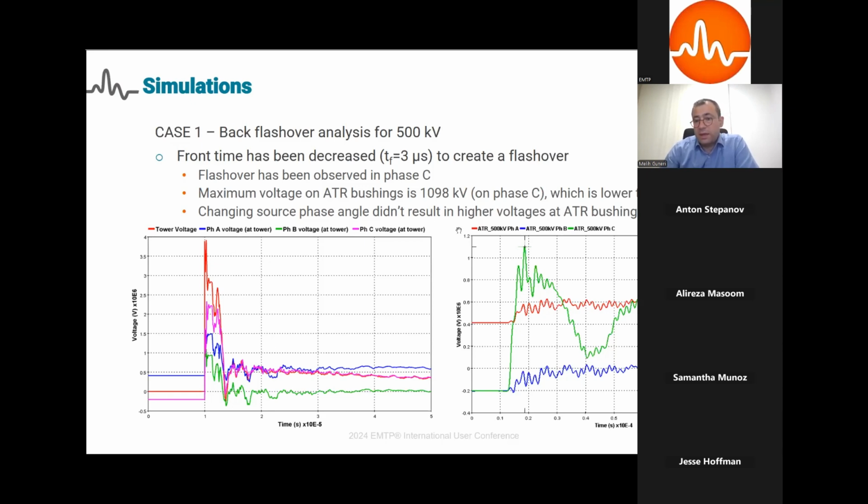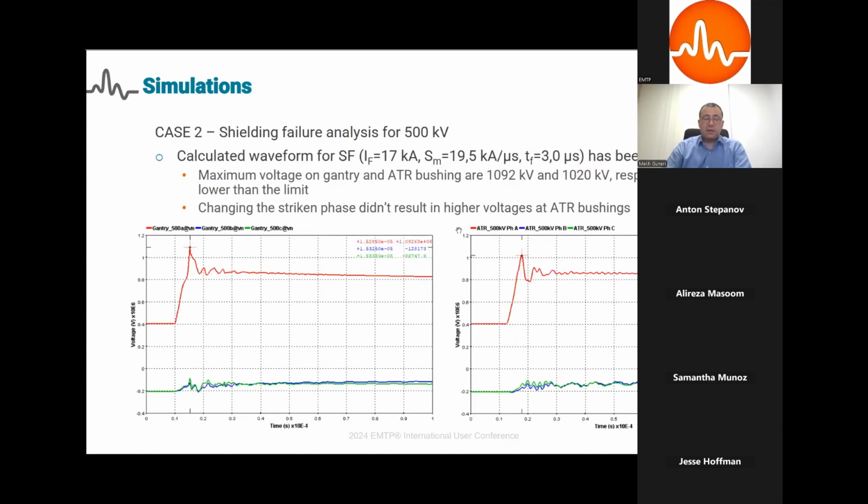So we can safely say that the expected maximum overvoltage on the transformer bushing is 1098 kilovolt, which is lower than the acceptable value. So this is the result of the back flashover analysis. Even if we somehow experience a back flashover, that would not harm our transformer. That's the main idea of the case analysis.